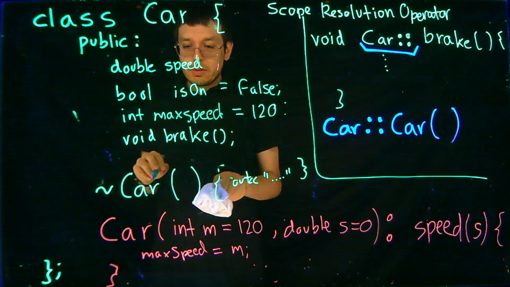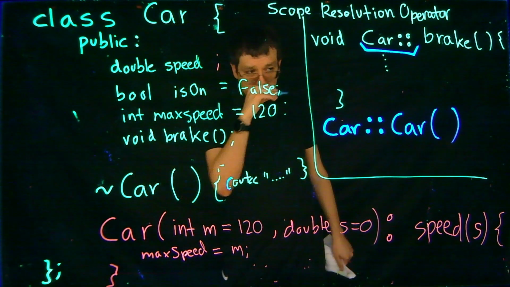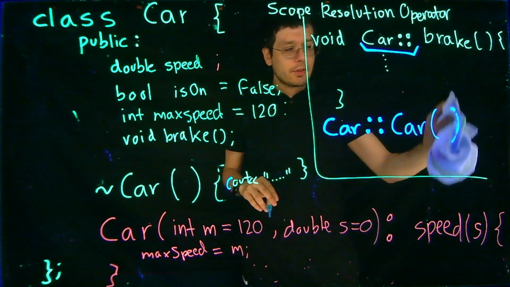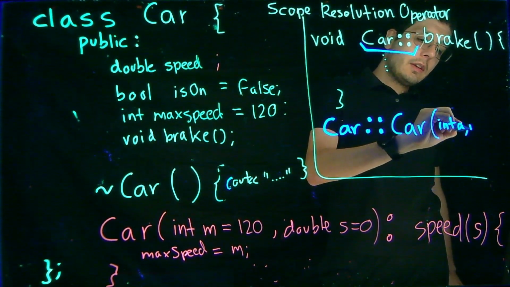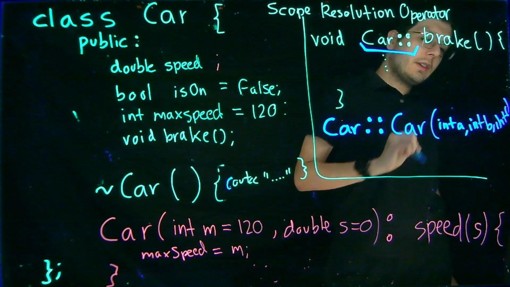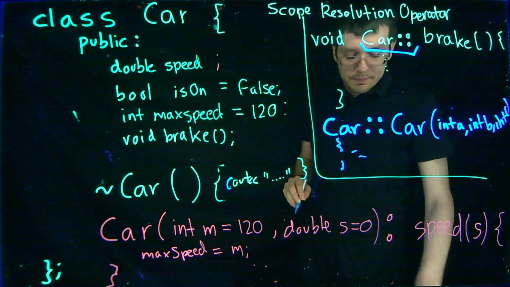Oh wait, that's the destructor. Oh well. It's going to yell at you because of the default parameters. Let's just make another constructor that has three parameters: int a, int b, int c, okay? And then your curly brace and your bunch of code. All right, you get the point.